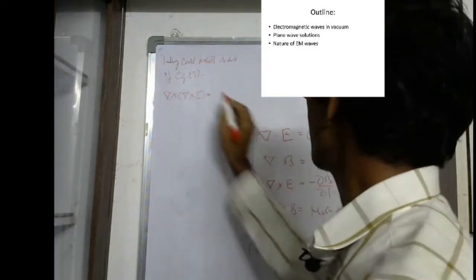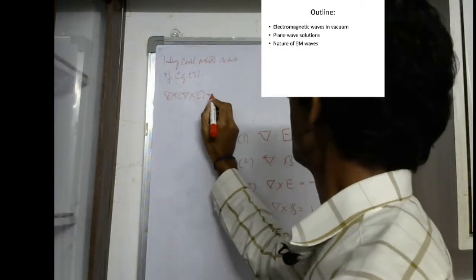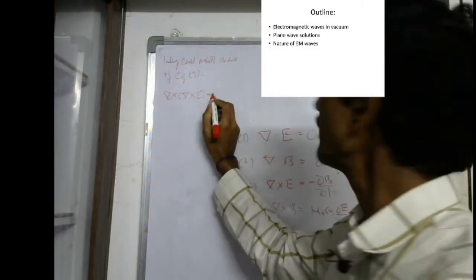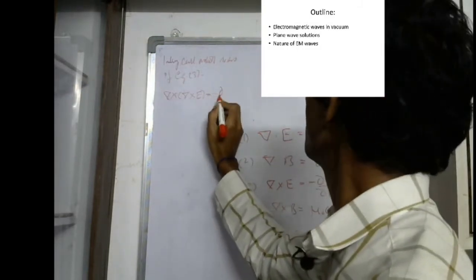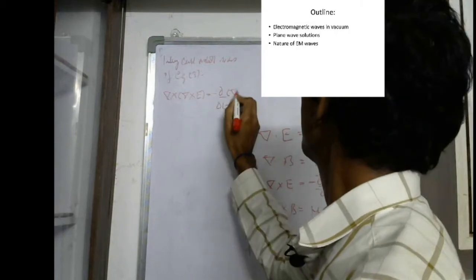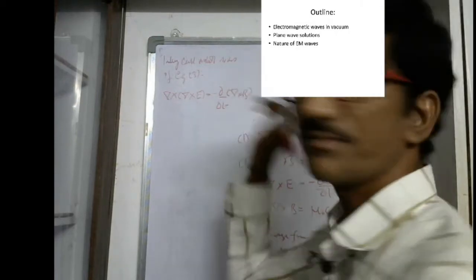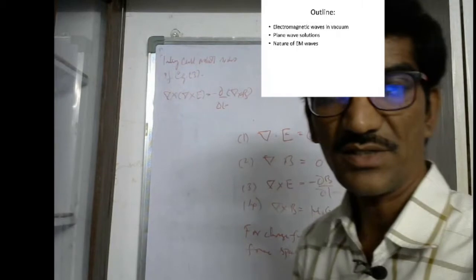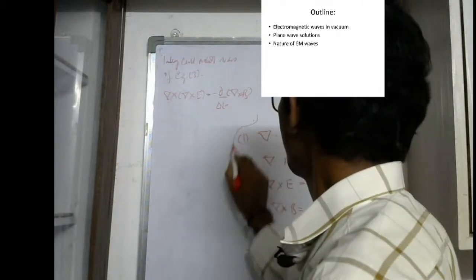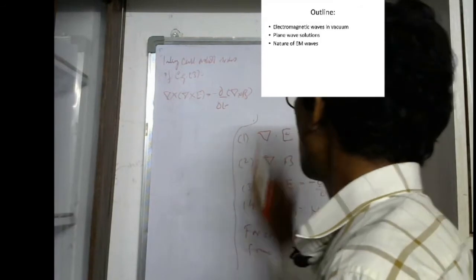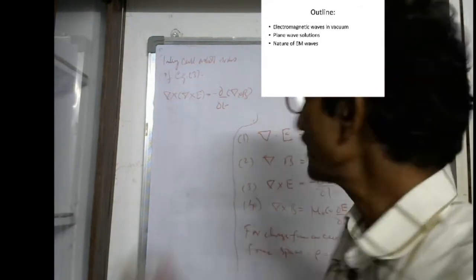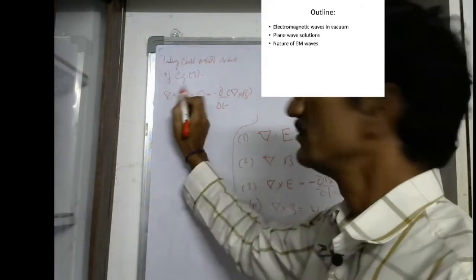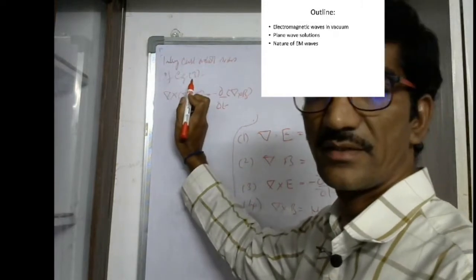On the other side you have del cross of minus dB by dt, which means minus dou by dou t of del cross B. Now let us try to expand this thing. Triple product.